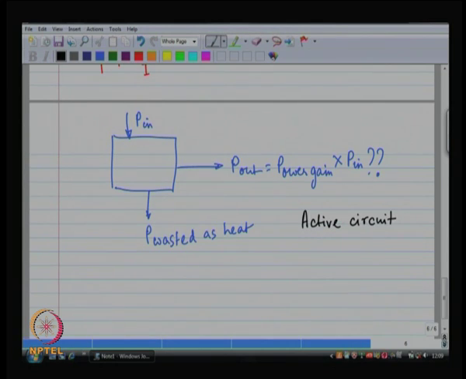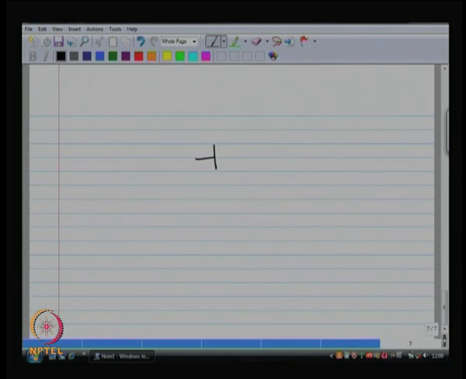So, we have a MOSFET, probably a MOSFET, probably bipolar junction device, whatever you want it to be, anything that is an active component, and power into this system. Let us say this is my system.